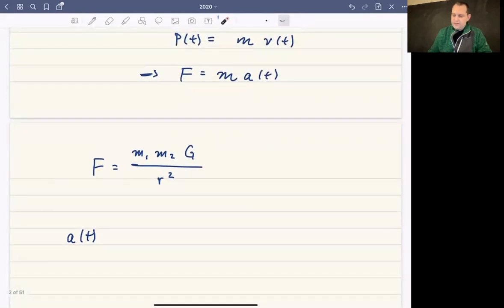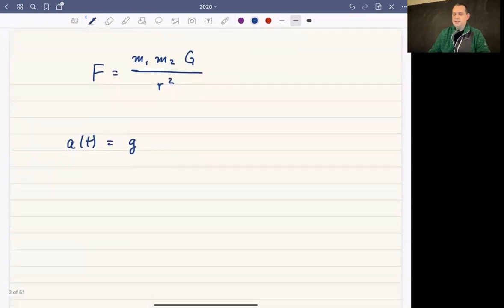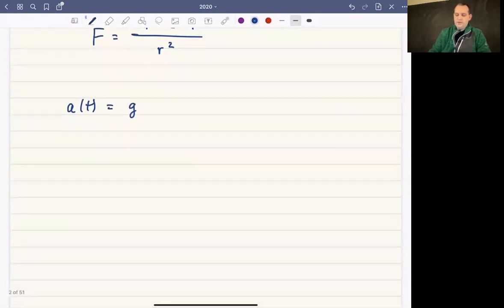So if this is our force, I'm really setting these two things equal to each other. But it turns out that our acceleration is just going to be some constant, which we'll call g. Really that constant depends on the mass of whatever object there is and the distance between the two. But if we take everything to be constant, we can just assume that acceleration is a constant if we stay close to the surface of the earth anyways. And so this is a.